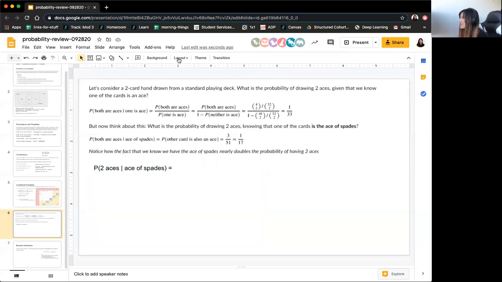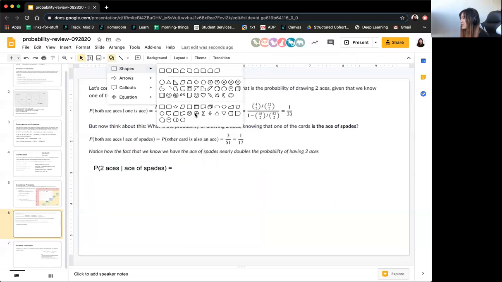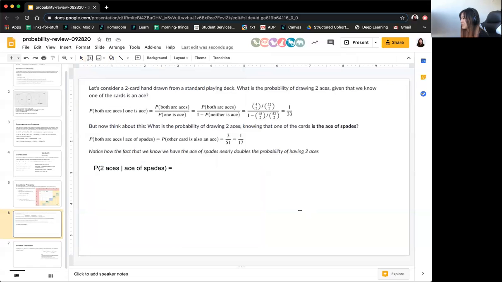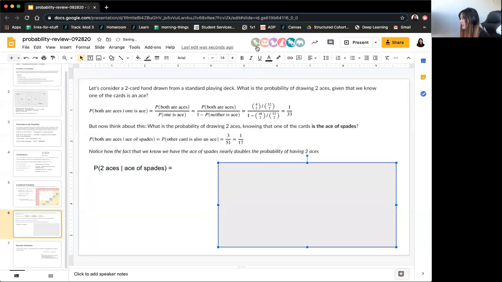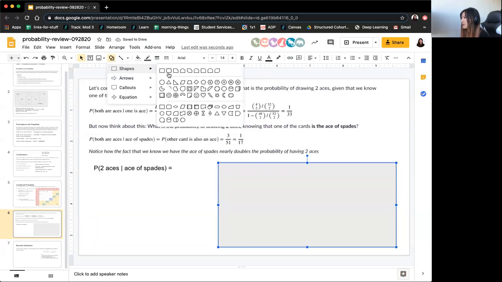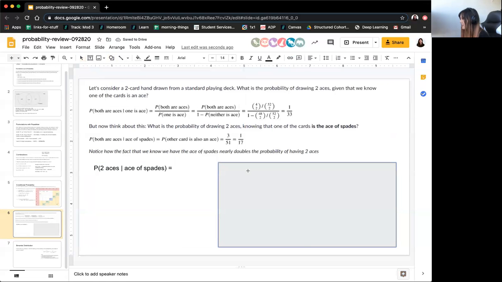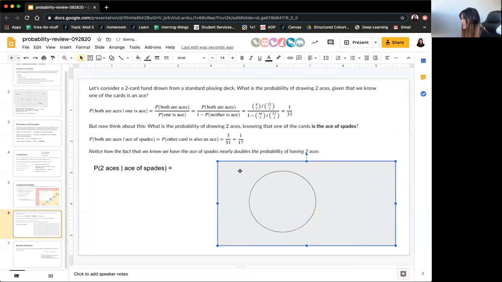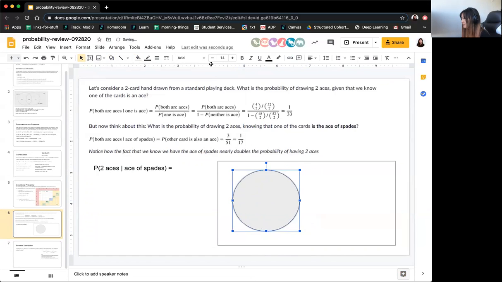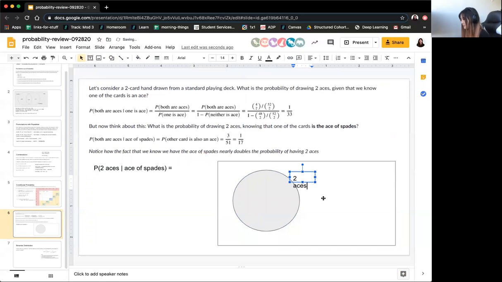And actually, let me see if a Venn diagram might help a little bit better. All right, so in this Venn diagram, we have this bubble here, and this bubble is going to represent 2 aces. Let me see if I make this transparent. There we go. This bubble is going to represent 2 aces.